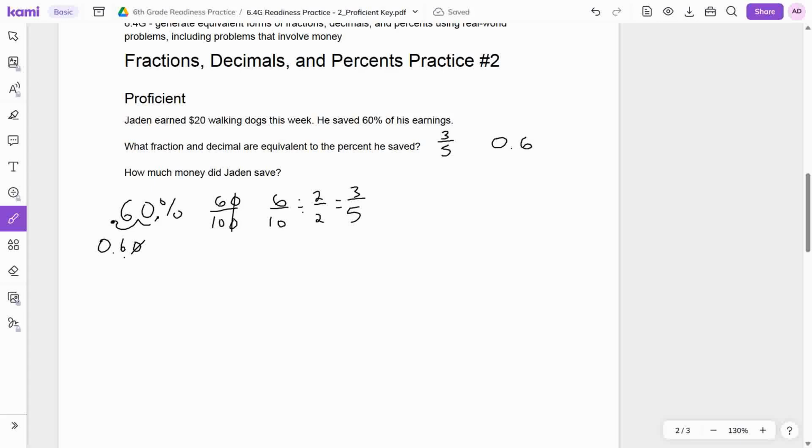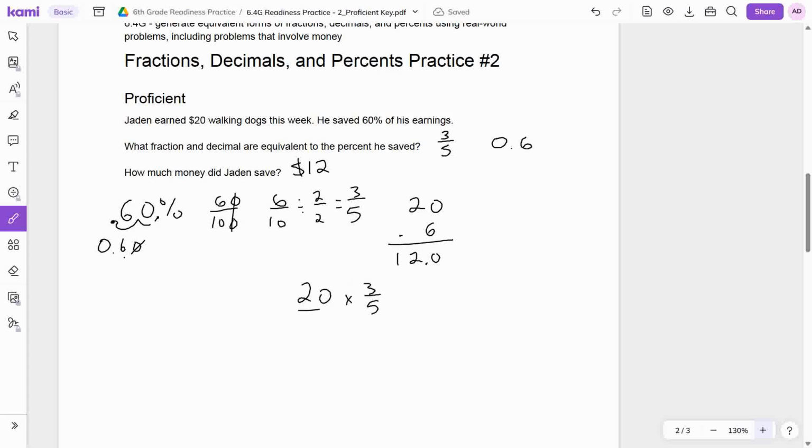Now let's go ahead and calculate. How much money did he save? You could multiply 20 times 0.6, right? So if we want to do that, we've got 1 digit behind the decimal, so we can say $12. Another way to do that would be to multiply, since we've got a pretty good fraction to work with, 3/5, right? We can multiply the $20 times 3/5.